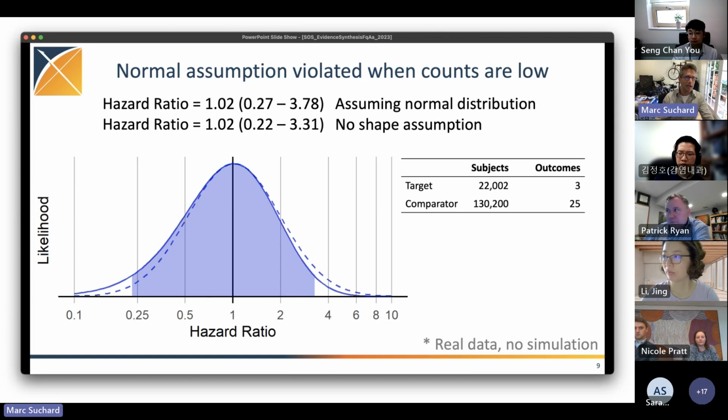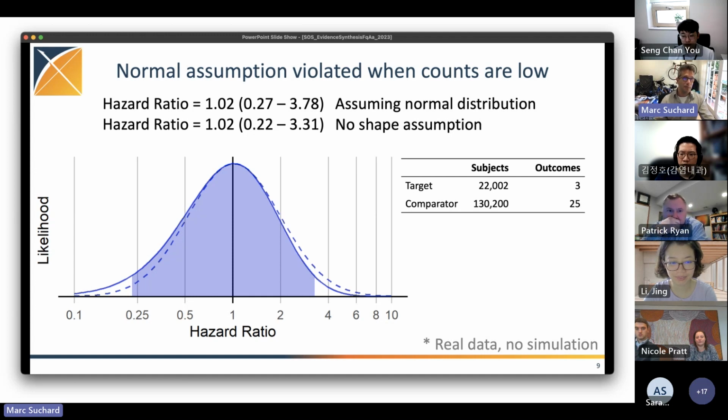And here on the slide is an example of what the likelihood function looks like, centered very close to 1, for a real data example in a relatively large data source. And in the dashed lines, you see the normal approximation that we would be assuming.